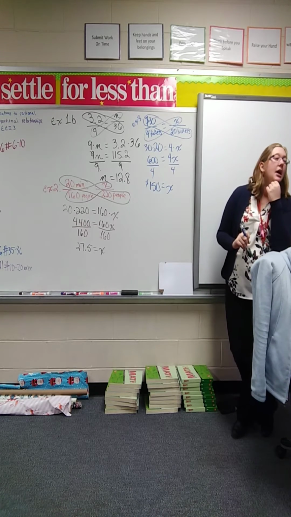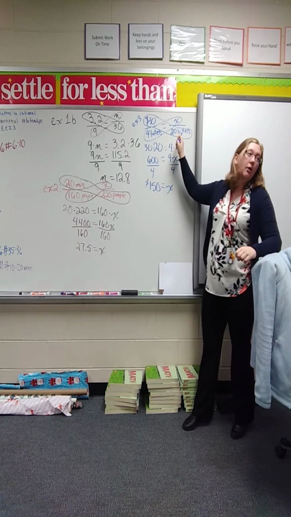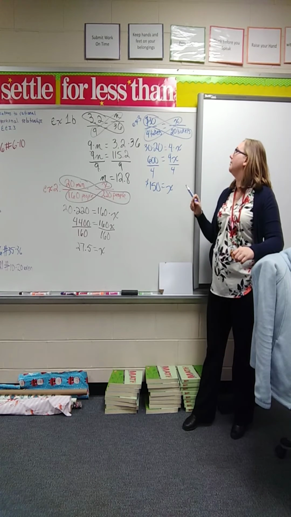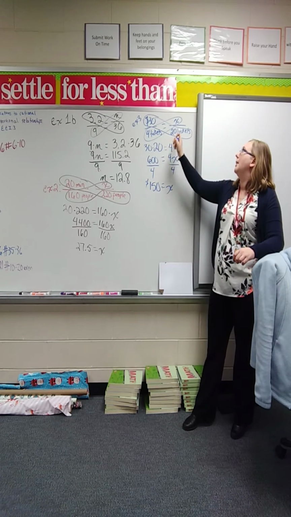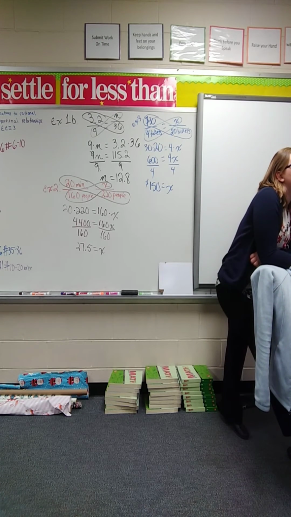You got it correct. Again, this was one where we could take 4 times 5 to get 20. But could we do that if we needed 22 tickets? We'd have to use a proportion instead.